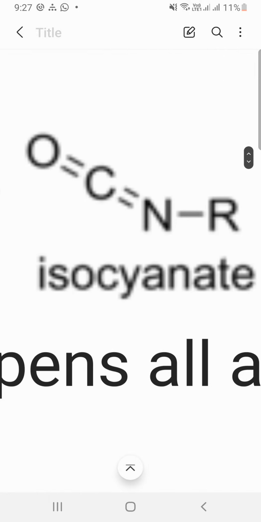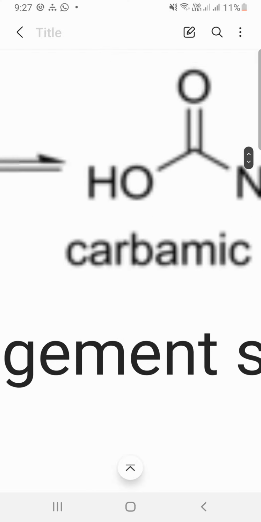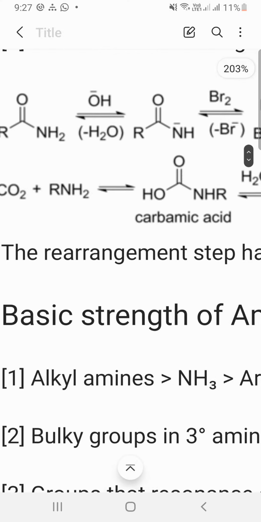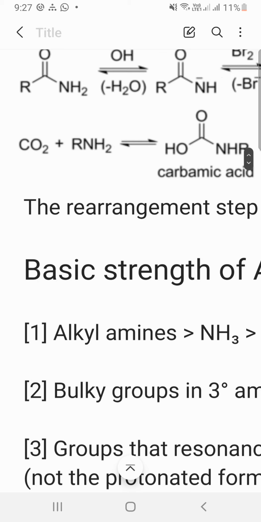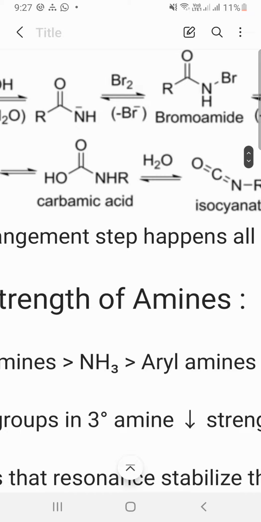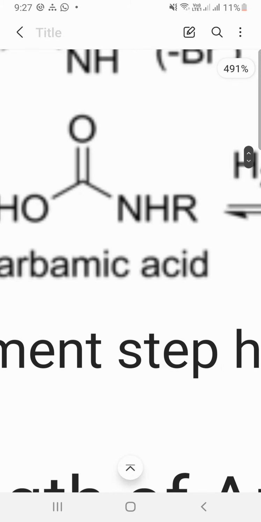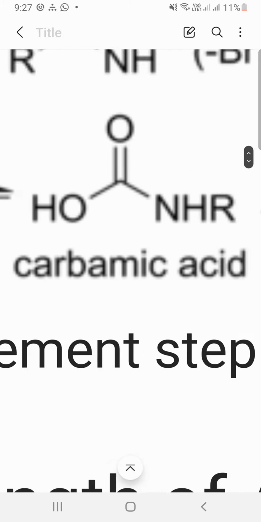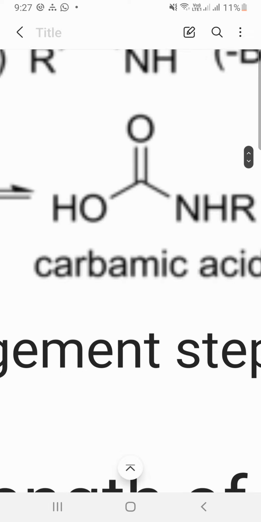After this rearrangement, you have this kind of complicated looking product. It's not a product, it's still an intermediate, but you have this thing, and then you hydrolyze it to create an acid, and then you heat it. Well, it's not exactly an acid in the first place because it's got complicated stuff going on over there, right?